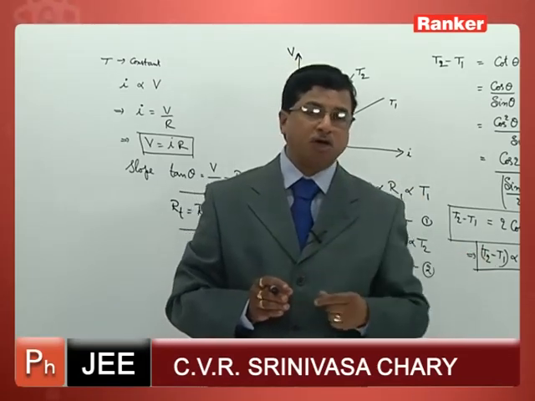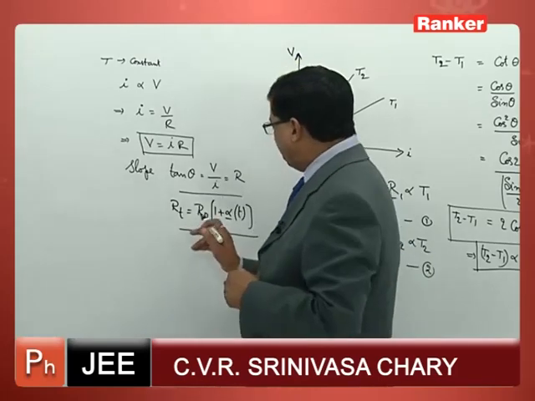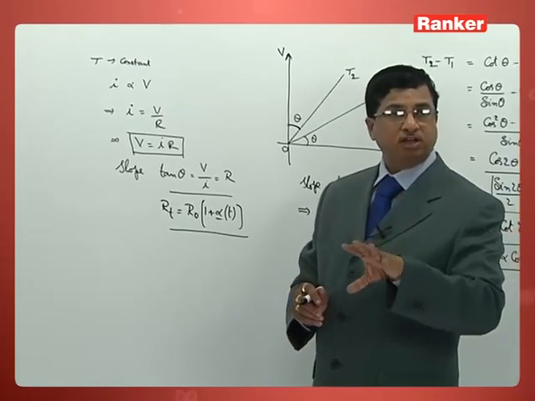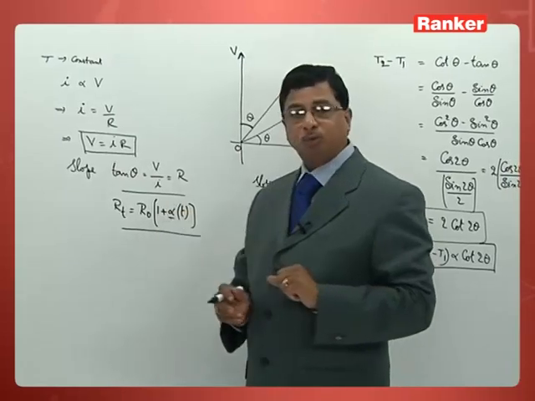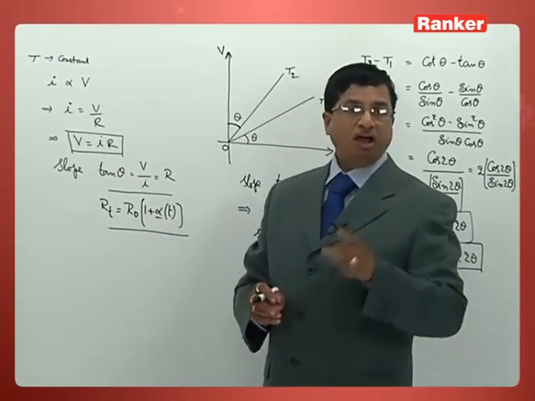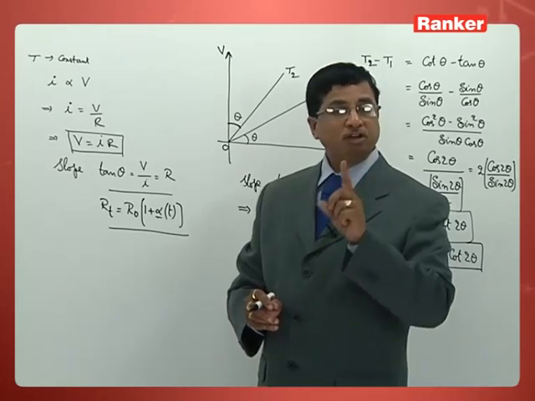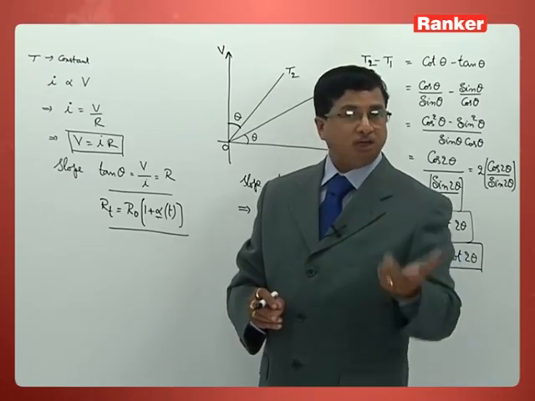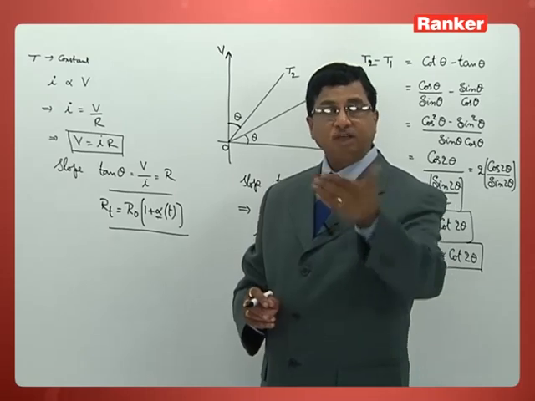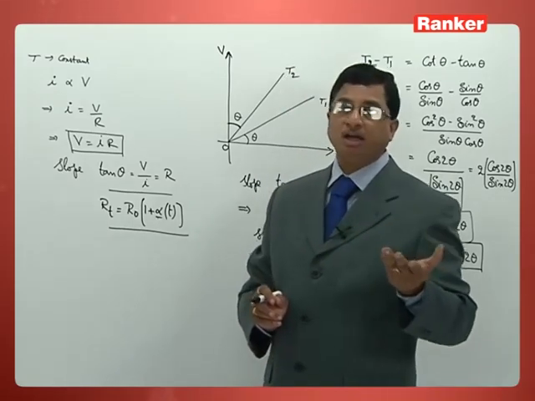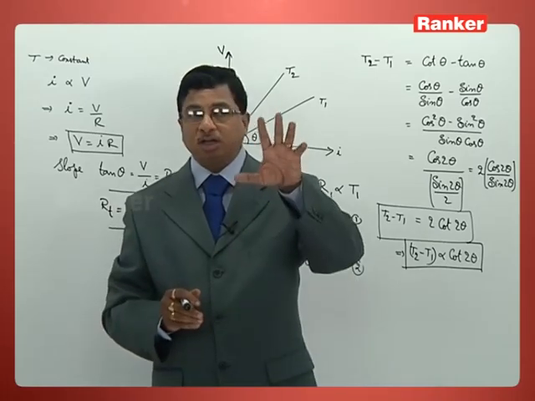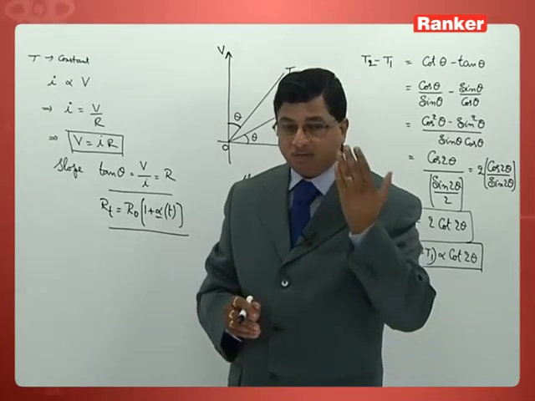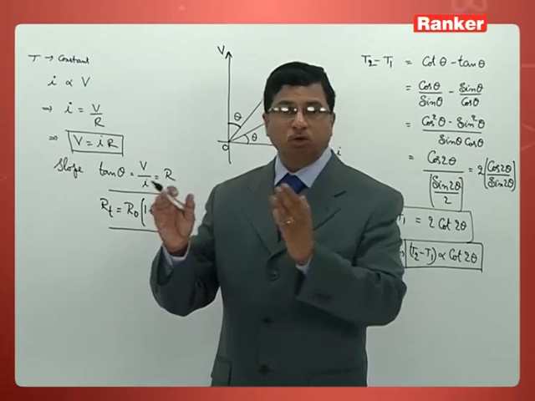But one thing more I just want to extend over here. This alpha value which I have given you as temperature coefficient of resistance, you must have read also: if alpha is positive, one should understand it is conductor-like. If alpha is negative, we should understand it is semiconductor-like. And of course, all the conductors come under the ohmic category of resistances, and all semiconductors and semiconductor devices come under the non-ohmic category.